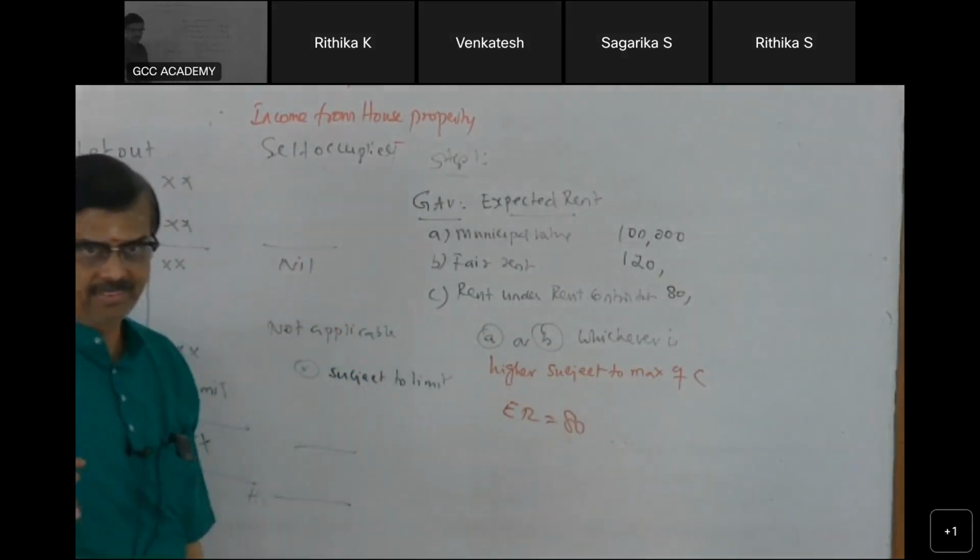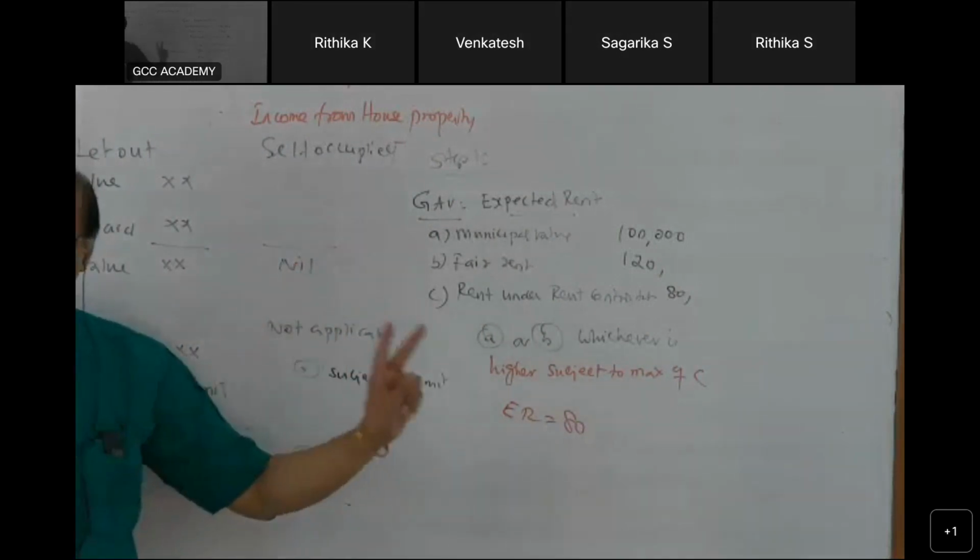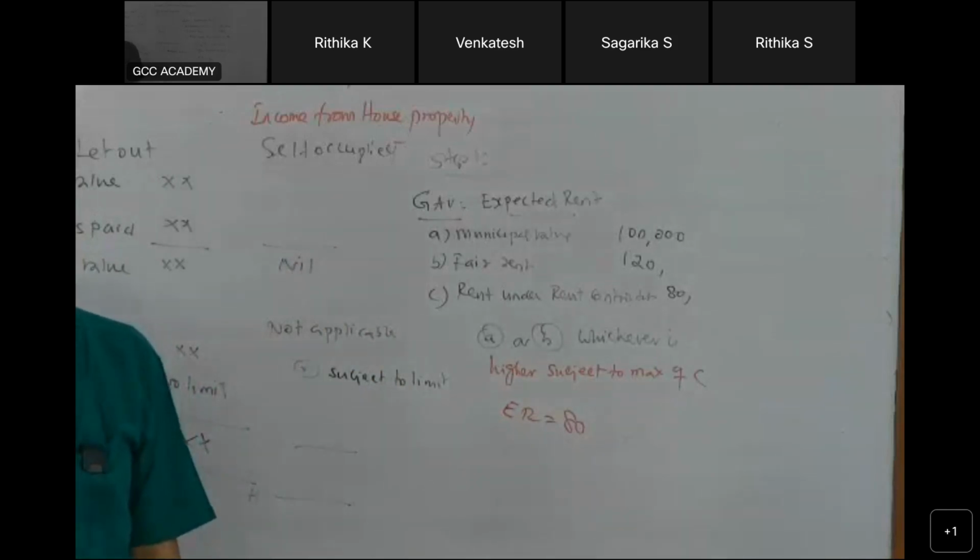80,000. Now, very important, dear students, carefully observe. This is a very, very, very important step in house property income. If you miss this, you will not understand this topic at all.